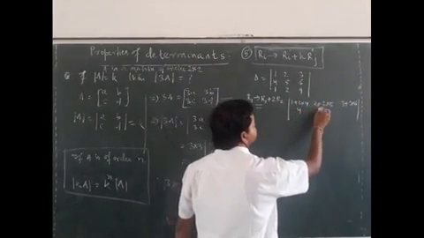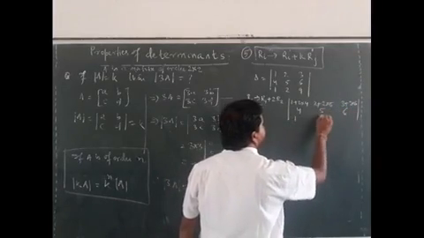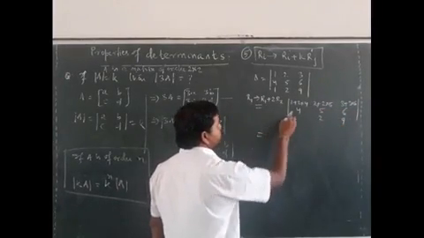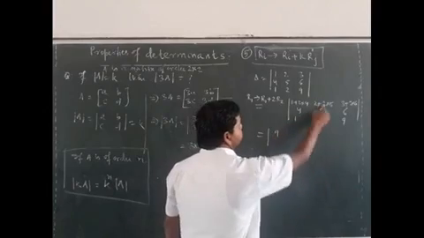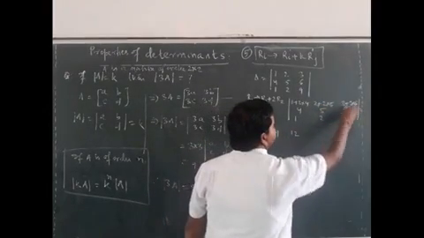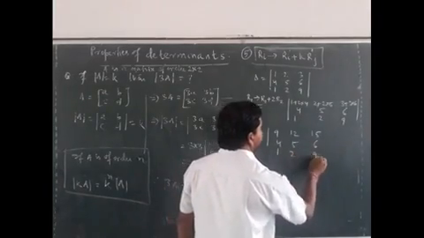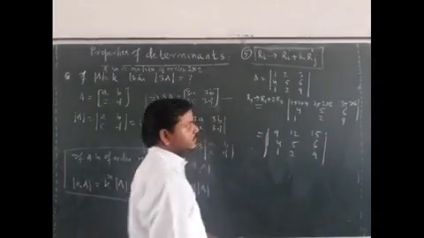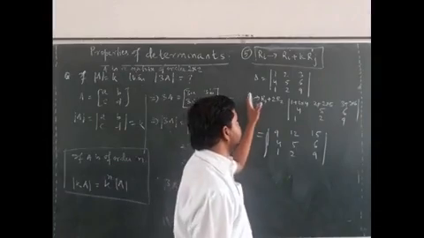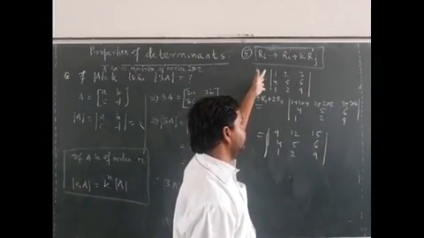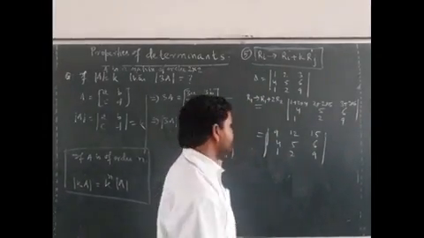So there is no change in row 2, which is 4, 5, 6, and then row 3 is 1, 2, 9. So this will be 9, then this will be 12, and this will be 15. This is 4, 5, 6. This is 1, 2 and 9. Right? So you can easily see that the determinant value you get here is the same as the original.